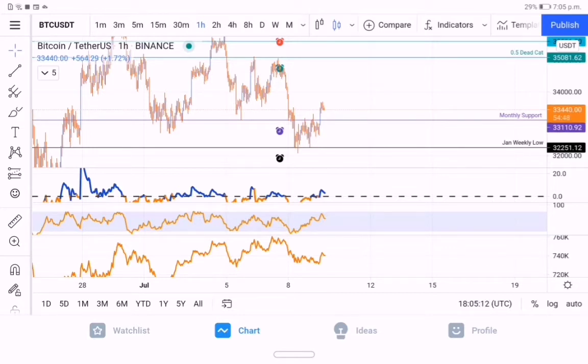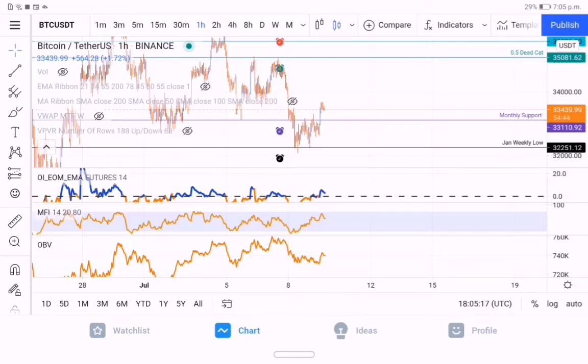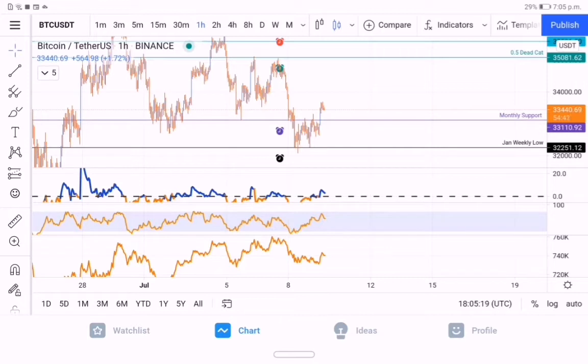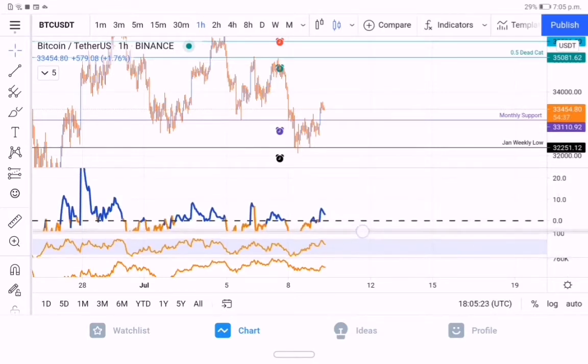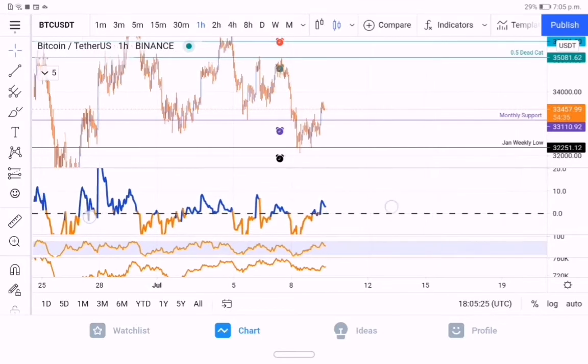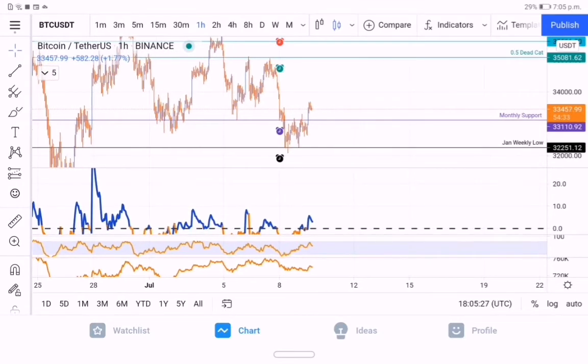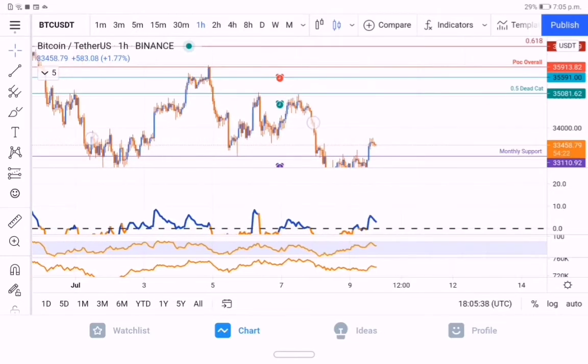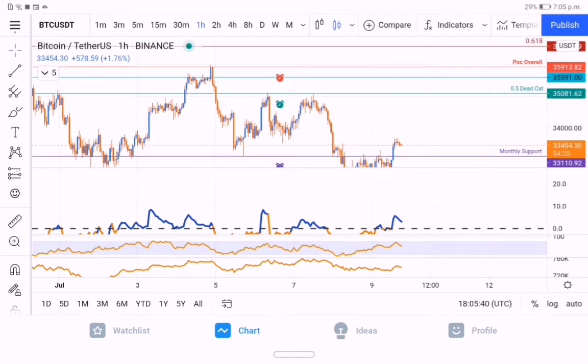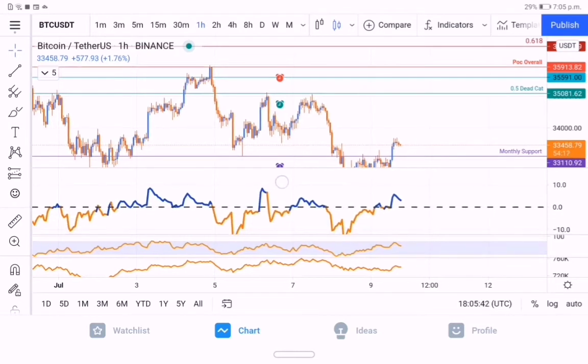So first is the open interest. Apologies, I'm on my tablet, so if it looks a little squishy, that's why. Basically I'm going to show you how I use open interest in identifying divergences that helps me enter the market at the right time and make money.